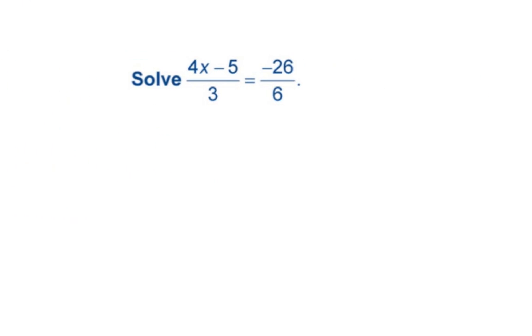So right here, looking at this one. Do you have two numbers across from each other? Yes. What two numbers are across from each other? I want you to multiply 3 and negative 26. Negative 78.